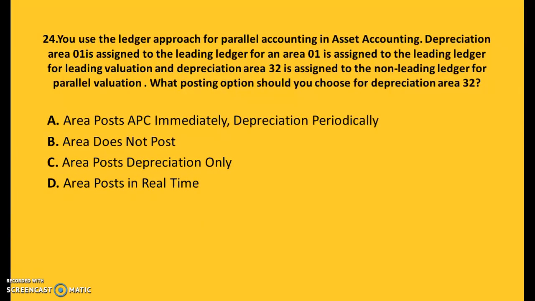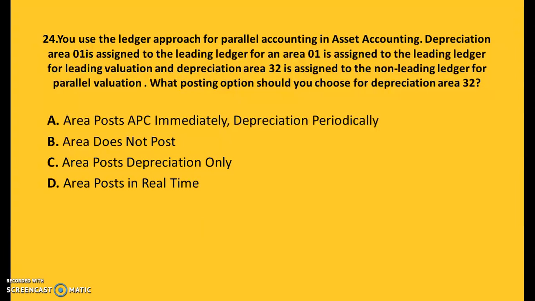You use the ledger approach for parallel accounting in asset accounting. Depreciation area 01 is assigned to the leading ledger for leading valuation, and depreciation area 32 is assigned to the non-leading ledger for parallel valuation.